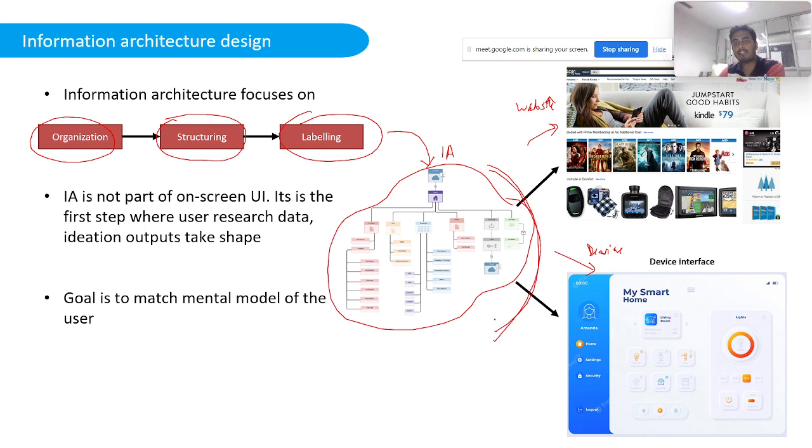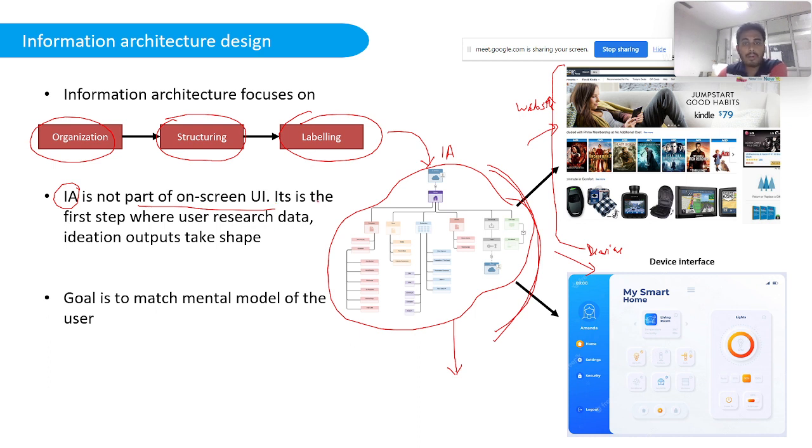So the same architecture can be used for a mobile device, which is hardware, or it can also be used for a computer application interface, and the same information architecture can also be used for designing websites. Okay. So information architecture is not a part of the on-screen UI, as I told you.